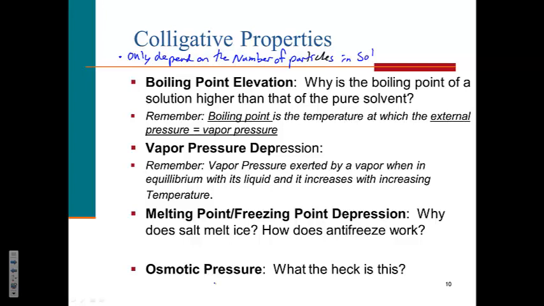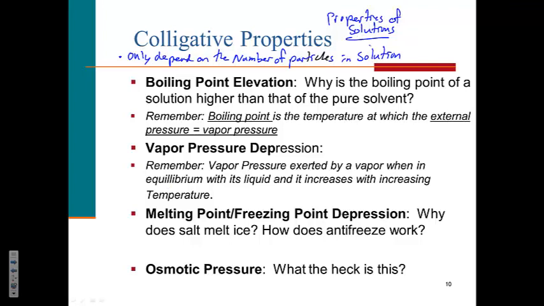And I should say, we're talking now about colligative properties, which are properties of solutions. So we're not going to talk about colloids and suspensions with regard to boiling point or vapor pressure or melting point. We're just talking about solutions.